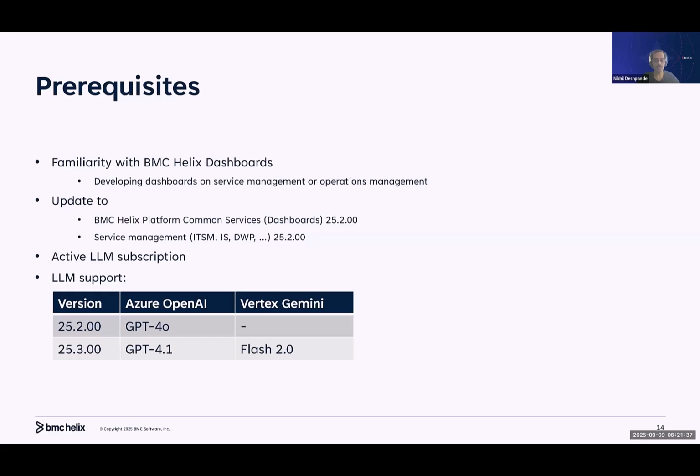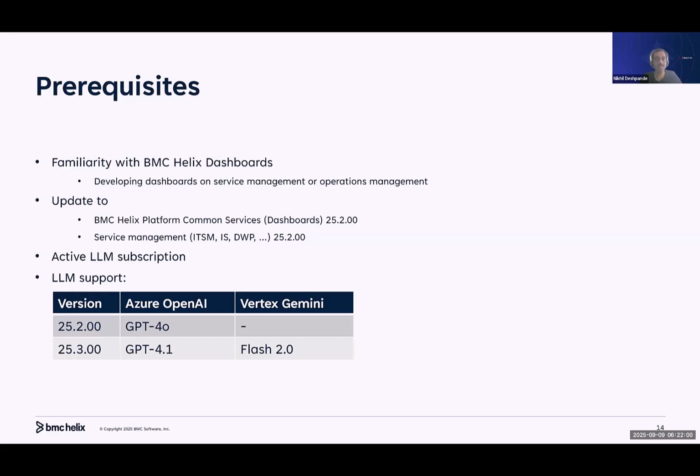You need to be on a minimum version of 25.2 for dashboards as well as ITSM. More importantly, you need to have your own LLM subscription. It could be Azure OpenAI, Gemini, one of these two. So although Insight Finder is free for you, you need to bring your own LLM subscription.